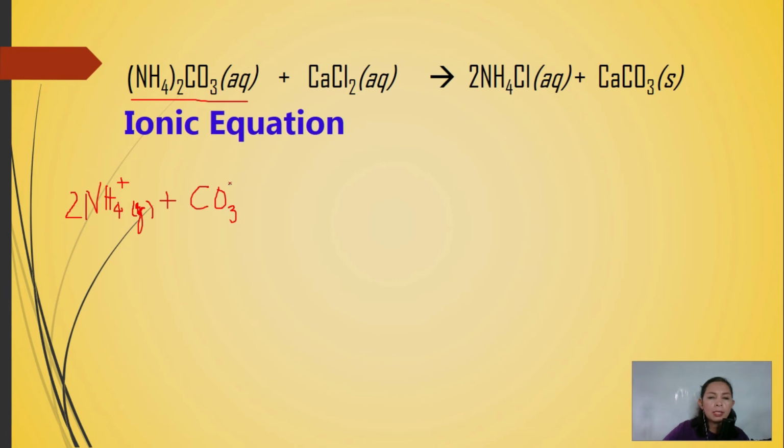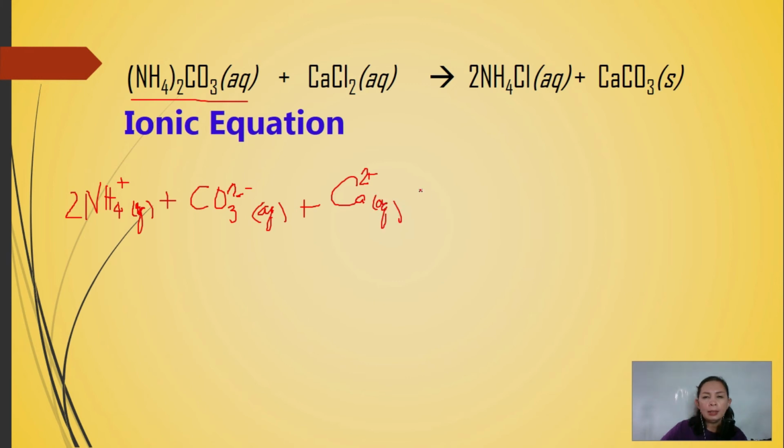We have a subscript of 2 here, meaning carbonate has a negative 2 charge. Negative 2. Okay, then we also do not forget to write the AQ. Then plus calcium chloride, which again is soluble in water. So we have to ionize: calcium, positive 2 or 2 plus because of the subscript 2, we only have 1.